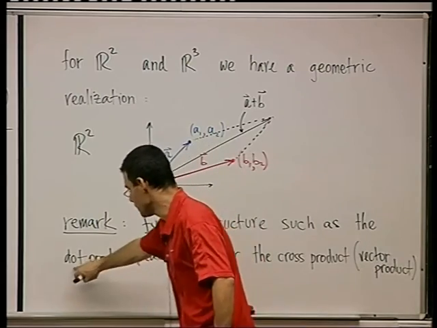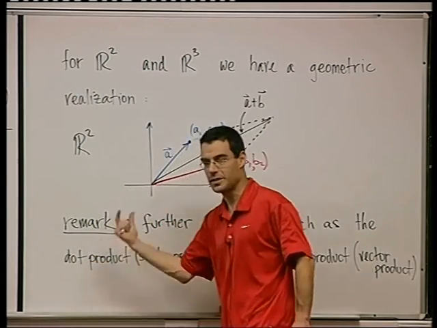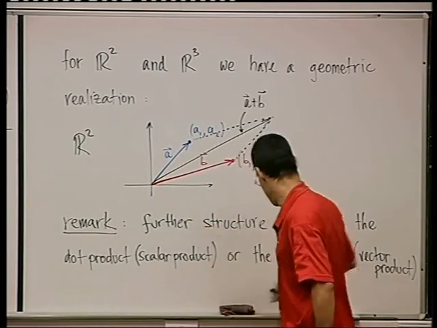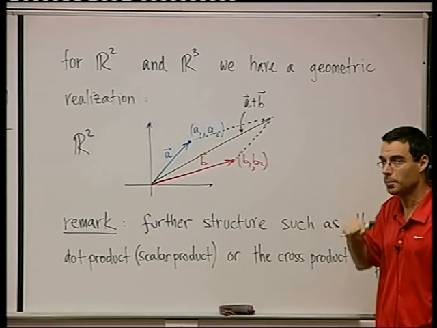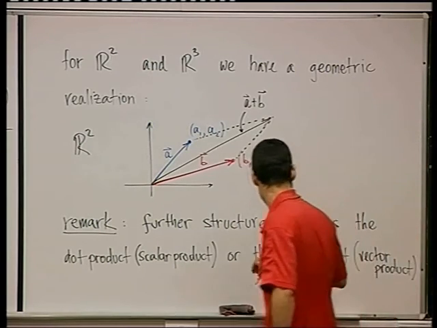The reason it's called the dot product is it's a product of vectors which we denote by a dot. And this is a product of vectors which we denote by a little cross. That's the reason for the names.